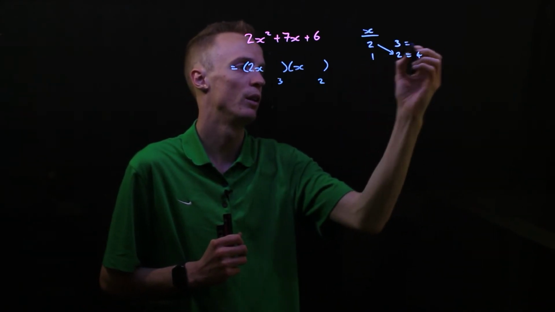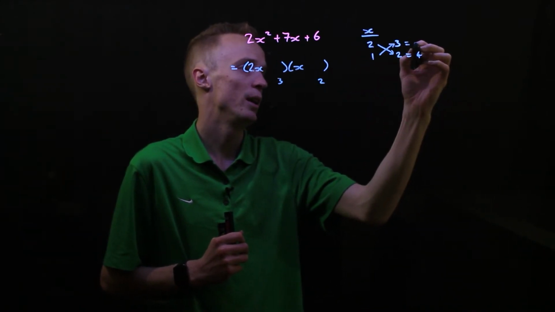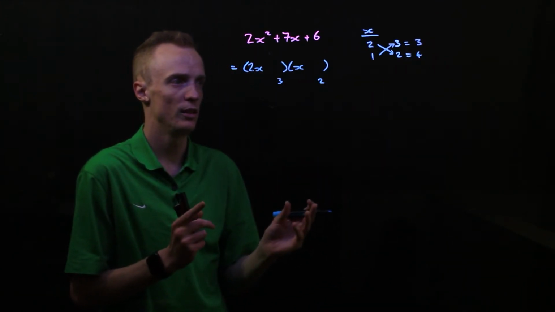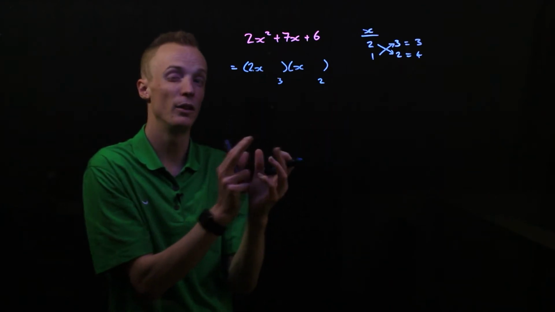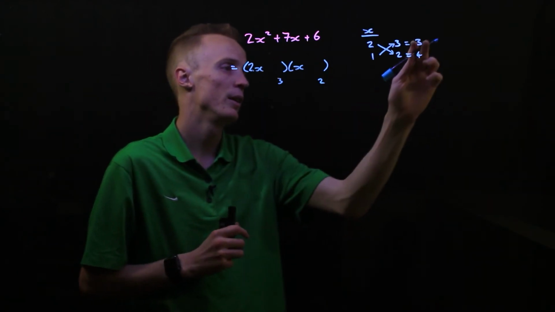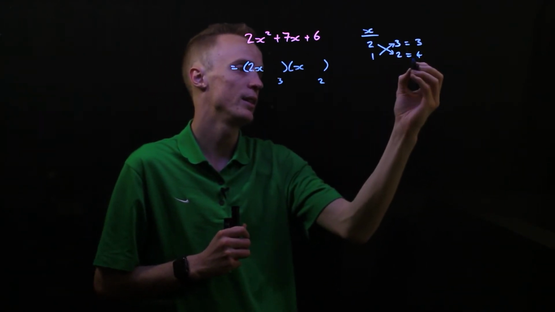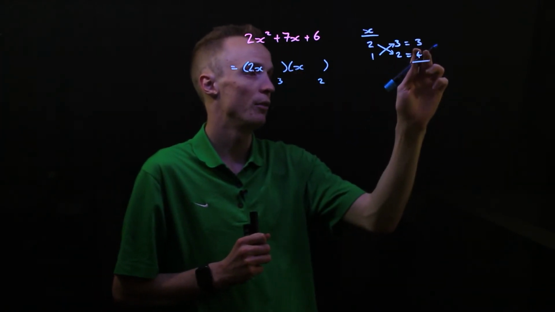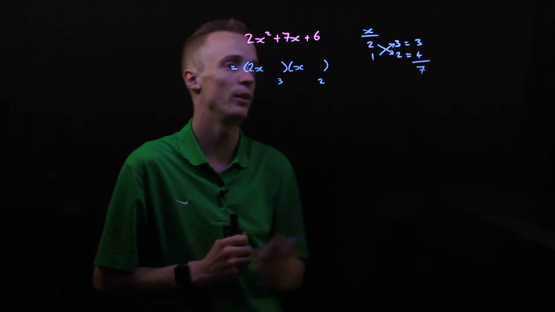So 1 times 3 will be equal to 3. And what I'd then do, those two would add together because that'd be my like terms. So I now need to add these together to see whether my sum is equal to my b value. Now 3 plus 4 here does equal 7.